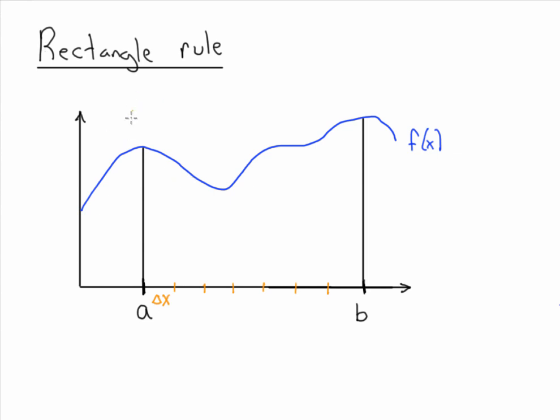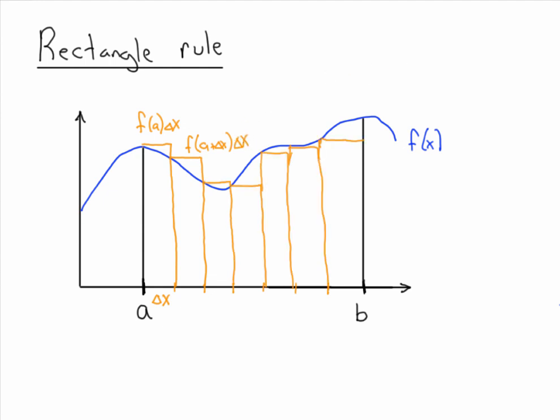And then, over one of these intervals, we estimate the area under the curve as f of a times delta x. And then we do this for the second interval and approximate the area under that interval as f of a plus delta x times delta x.